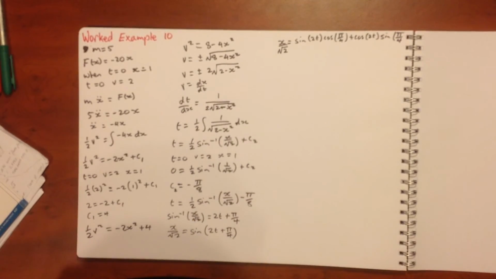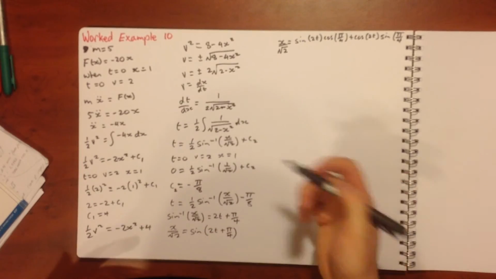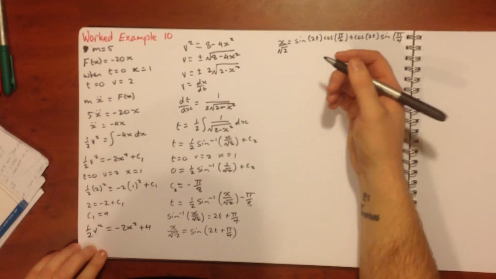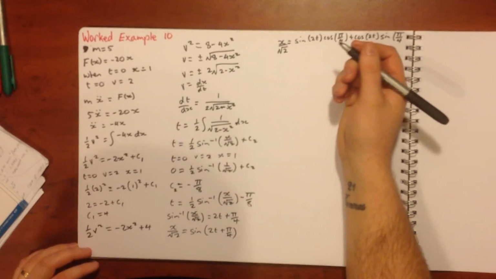So we've got that. I'm not sure why you'd really worry about doing this too much, but they decide to. I suppose we can simplify it. It does simplify down pretty nicely, but still it seems like a bit of a waste of time when we could just multiply by root 2.